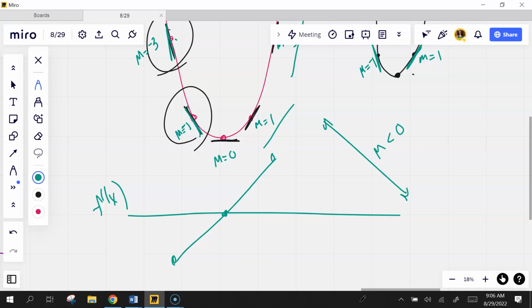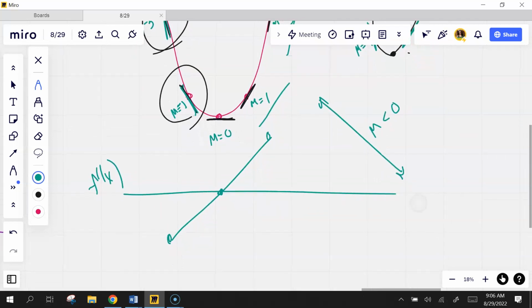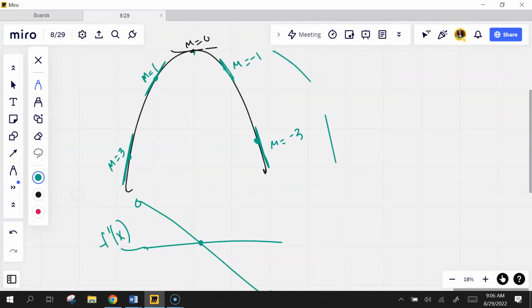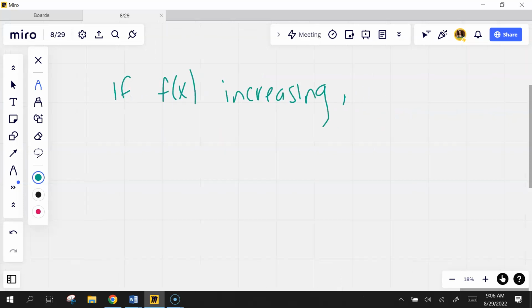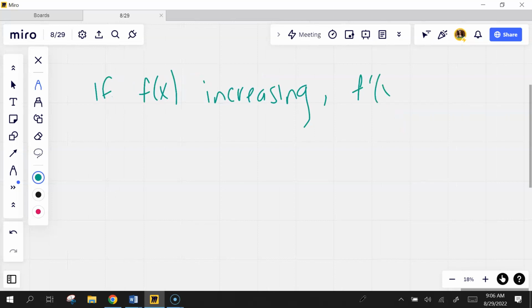If we look at it, here's a conclusion you can draw. This might help you some too, a little bit in words. If your function is increasing, that means as you move left to right, you're going up. Then your derivative will be positive.